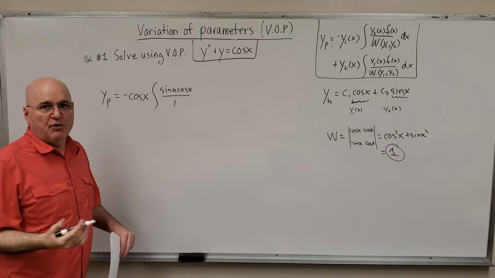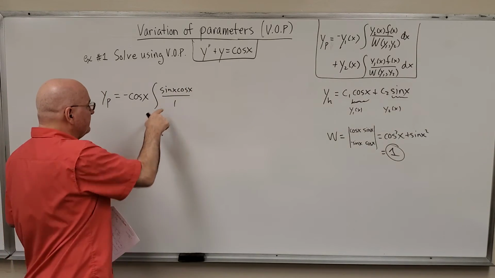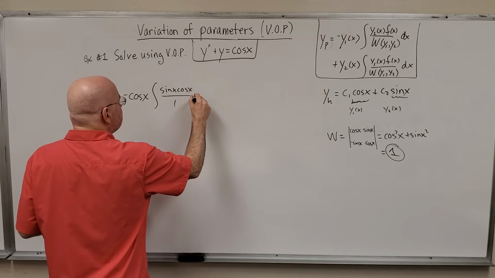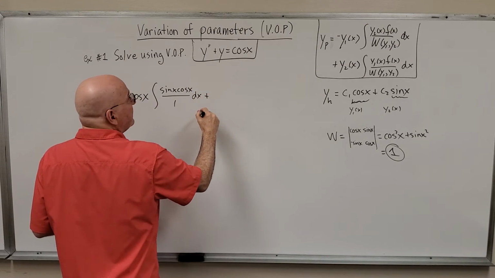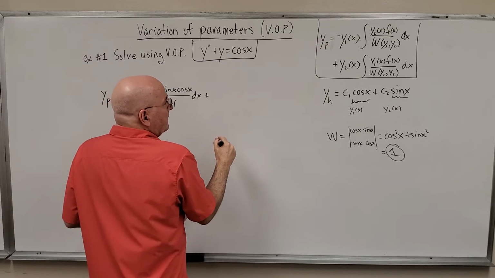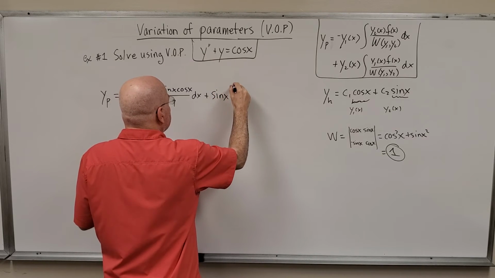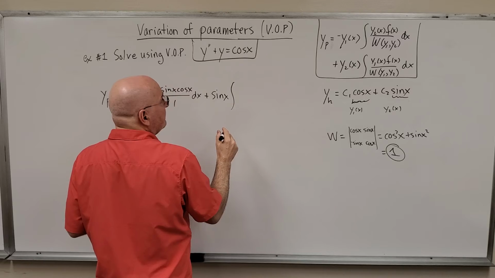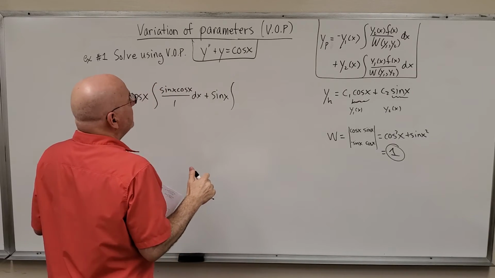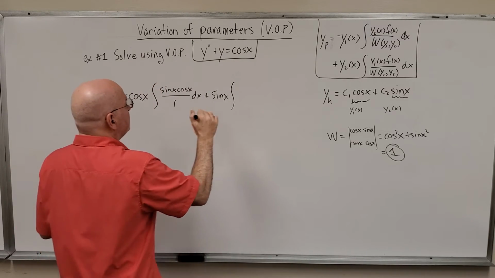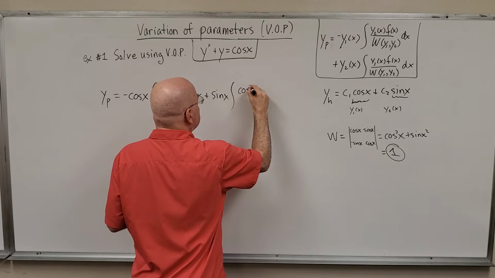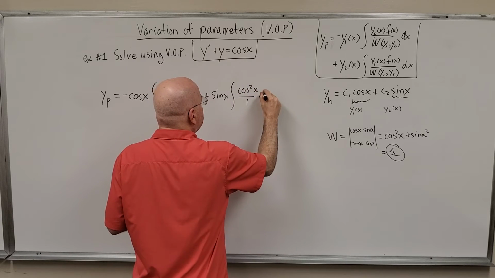I'm going to go ahead and put over 1 just as a reminder that that's our Wronskian, dx, plus sine x times the integral of cosine x times cosine squared x over 1 dx.